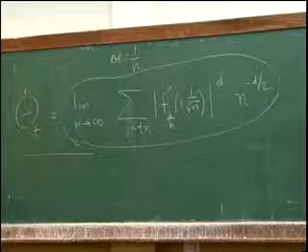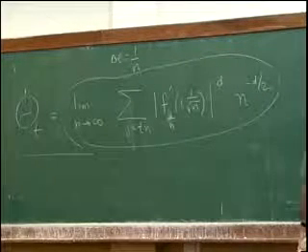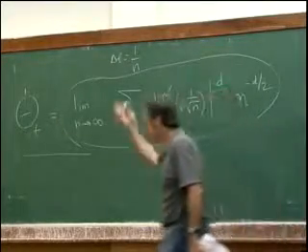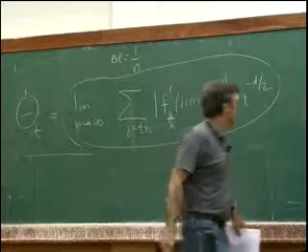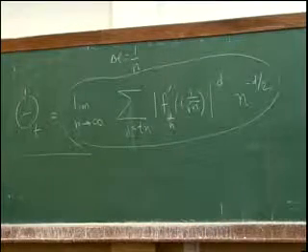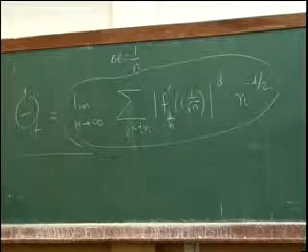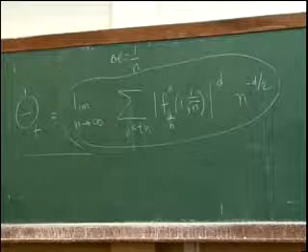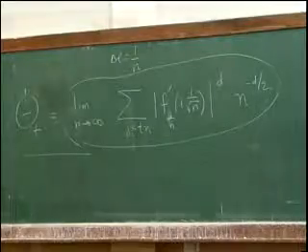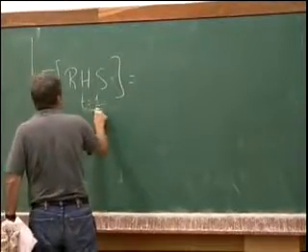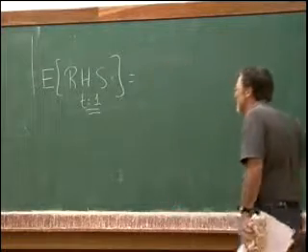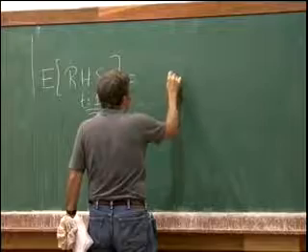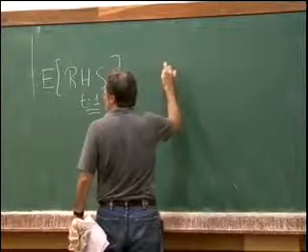So for instance, let's take the expected value of this. Let me change this for a second, and let's just take the expected value of the sum, the expected value of the right-hand side. And maybe let's just do it at t equal 1. Let's not worry about the limit either.